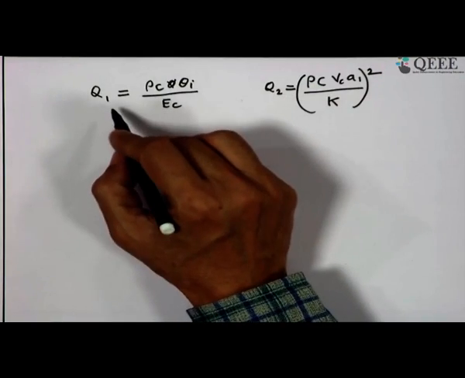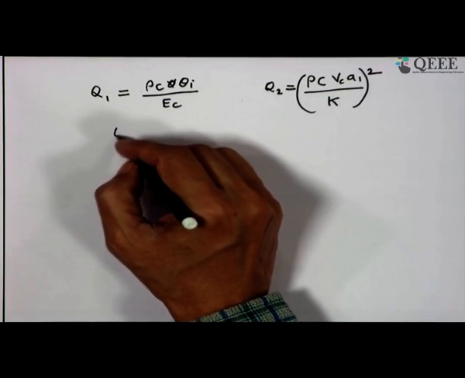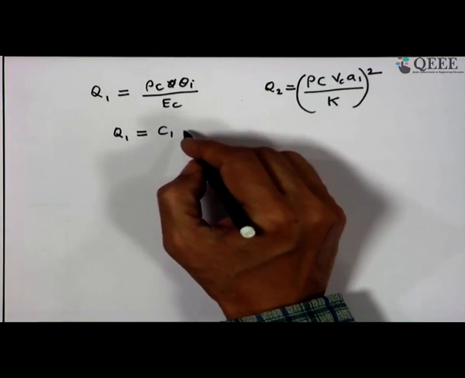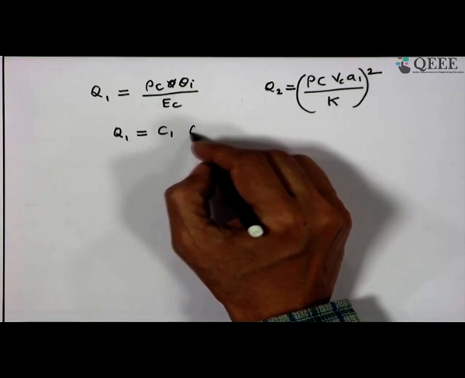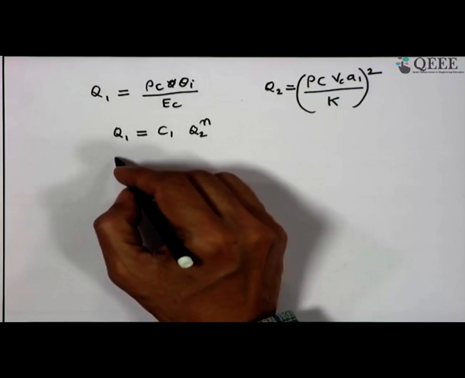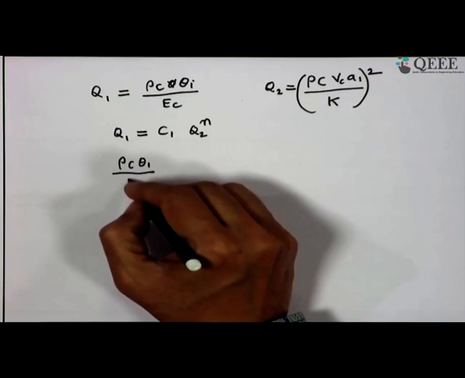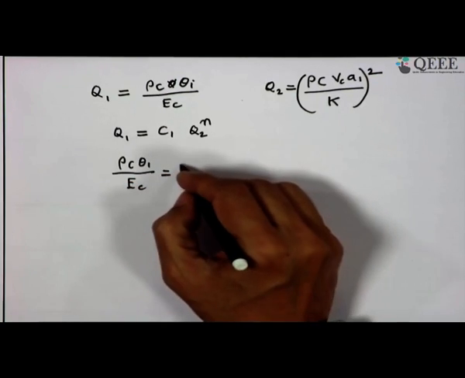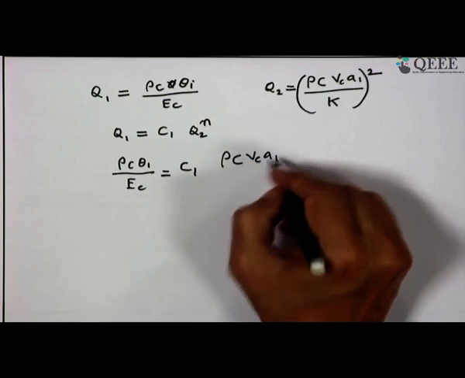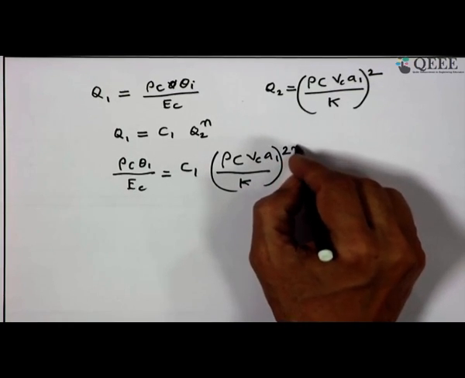Now, if you plot Q1 against Q2, one can find a relation like C1 into Q2 to the power n, or rho C theta I by Ec is equal to C1 into rho C Vc A1 by k to the power 2n.